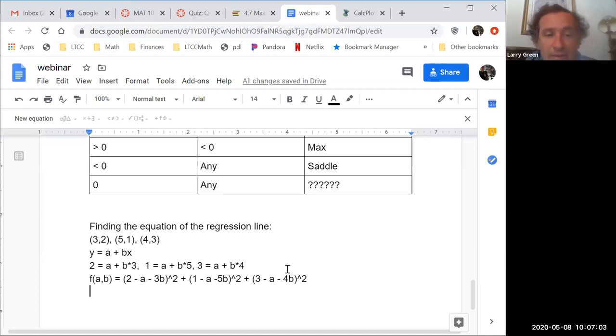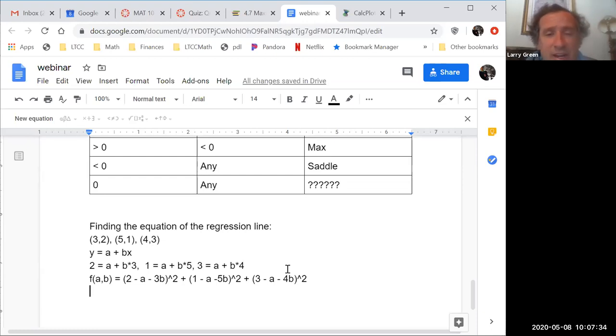And how do we do that? Any thoughts? How do you minimize? Yeah, we find the minimum using the first and second derivative tests. Is that clear?